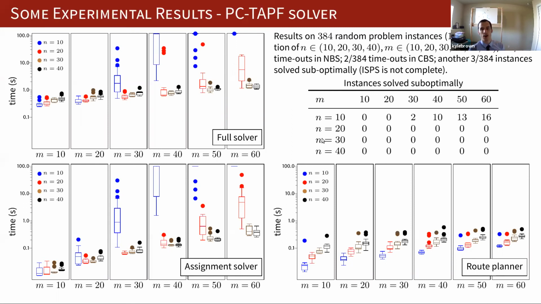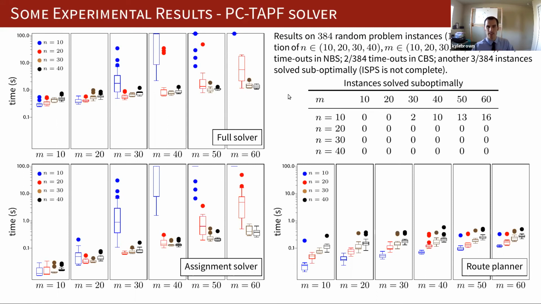So now you may also be wondering, okay, there are also some problems clearly that this solver struggles with as well. That's true. These problems are specifically those with a high number of tasks compared to a low number of robots. And as you can see here, for all the problems with 10 robots and 60 tasks, the algorithm times out at 100 seconds and can't solve them.